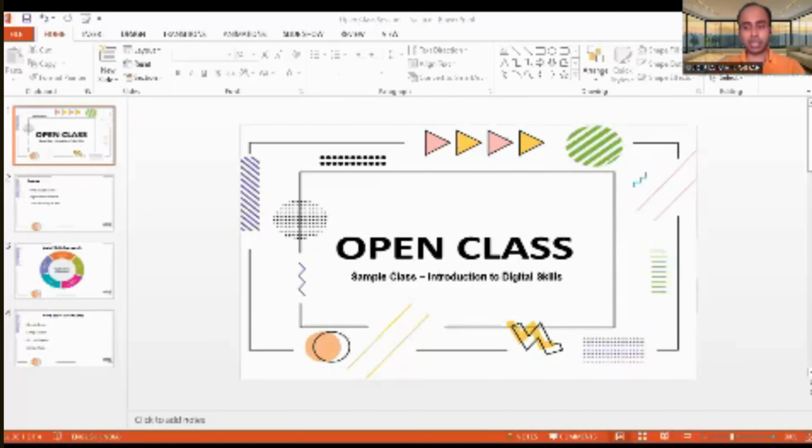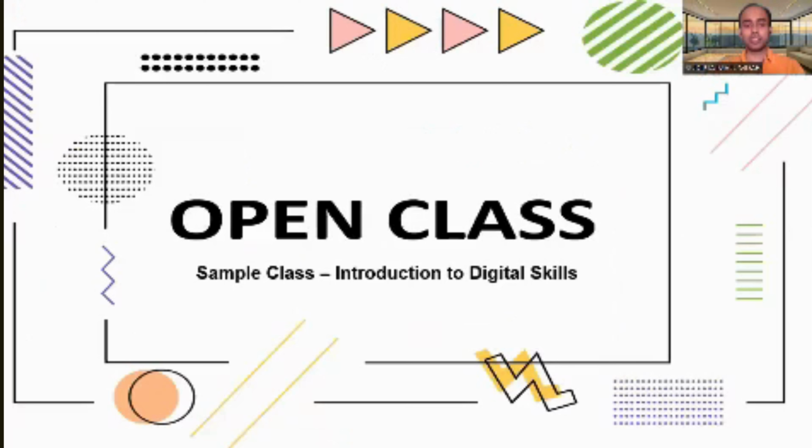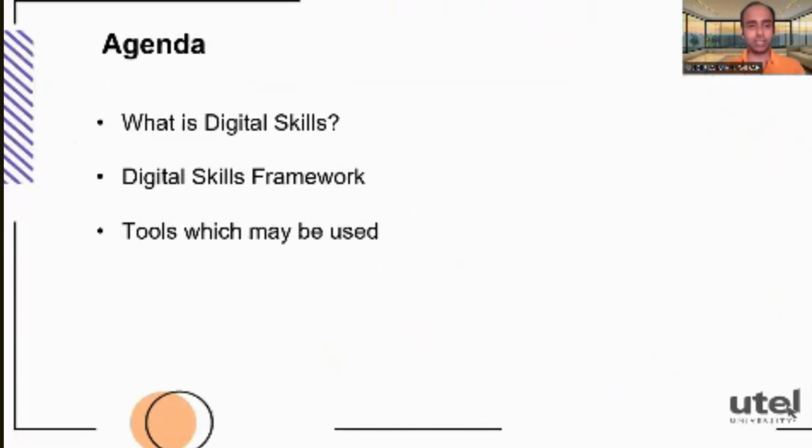I'm just making it full screen. So this is the open class, a sample class for introduction to digital skills. Now, when we talk about digital skills, what are the things which we are supposed to cover in this small session? We will be talking about what digital skills is, the framework, and tools.